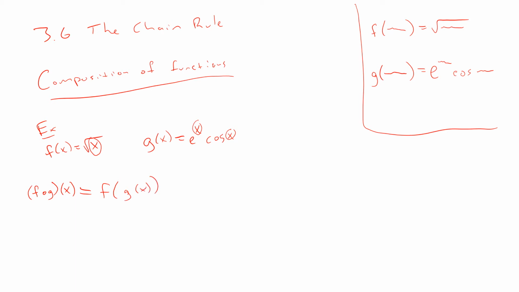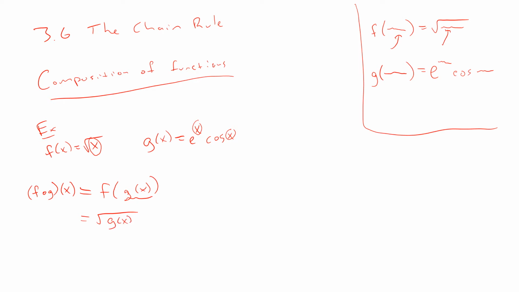Now the idea is this squiggle here is this function g of x. So f of g of x means I'm doing the square root of whatever is in the parentheses there, so I'm doing the square root of g of x.